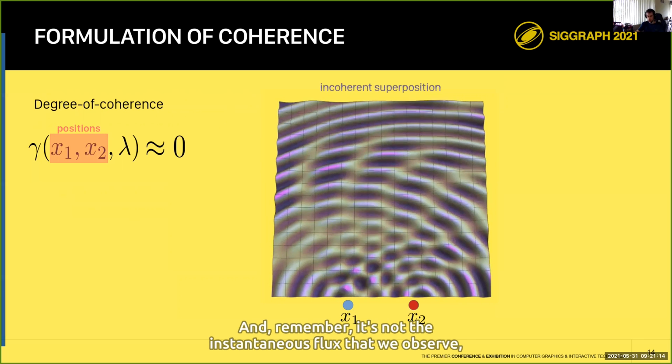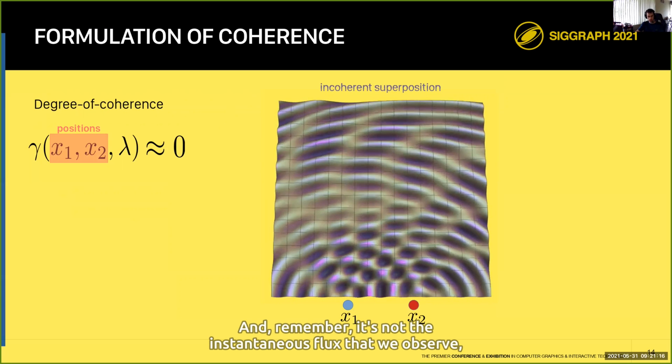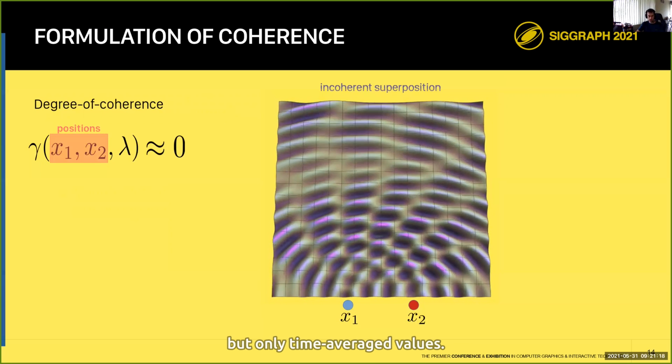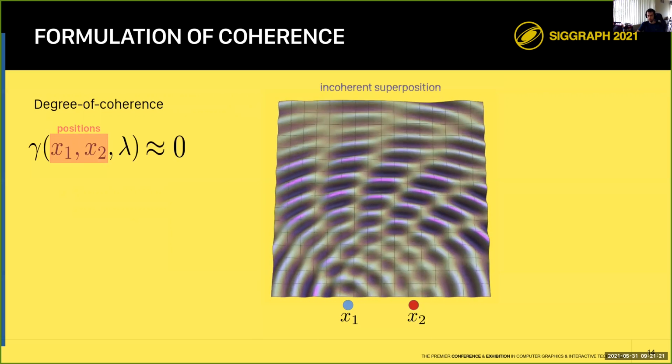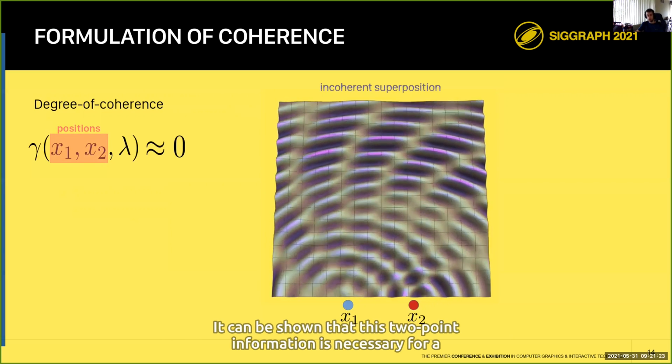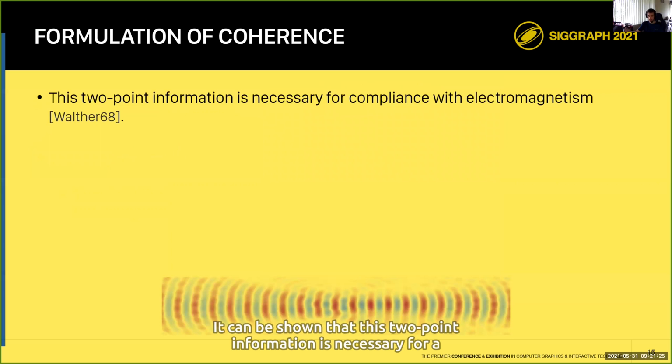And remember, it's not the instantaneous flux that we observe, but only time averaged values. It can be shown that this two-point information is necessary for a formalism that is consistent with electromagnetism, which implies that classical radiance-based description of light is in fact inconsistent with electromagnetism.